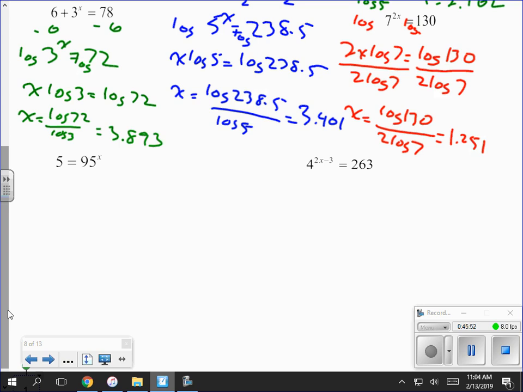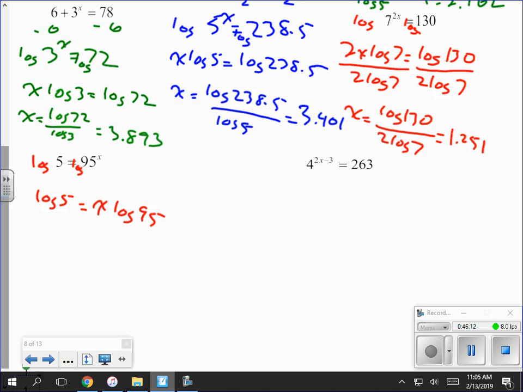Okay, next one. This one actually is not that hard. Take the log of both sides. I get the log of 5. Bring the x down front. X log 95. Why is this one confusing? Because I got the variable on the other side. Does it really matter?